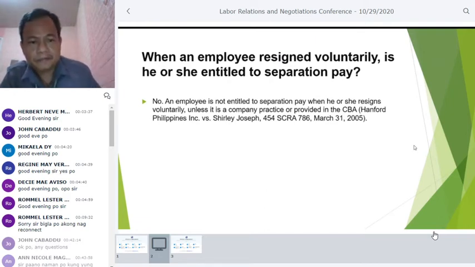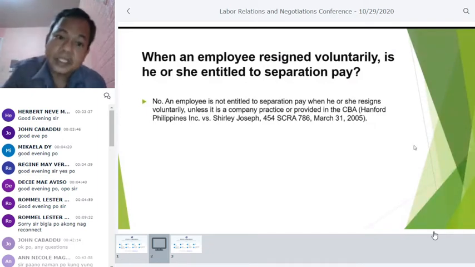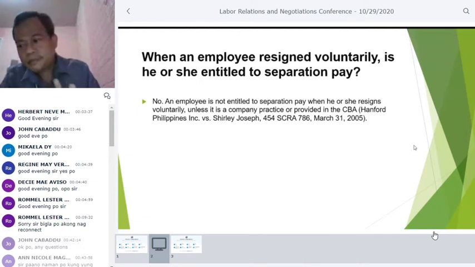Pero kung practice na ng company na kahit na nag-resign si employee, or kung may nakalagay na stipulation sa collective bargaining agreement na yung mga employee na magre-resign are still entitled to separation pay, dapat magbigay si employer. So yun yung mga provision kung kailan magbibigay ng separation pay si employer. If it is a company practice or if it is provided in the collective bargaining agreement. Other than those, hindi entitled ng separation pay si employee.